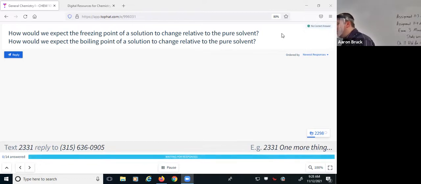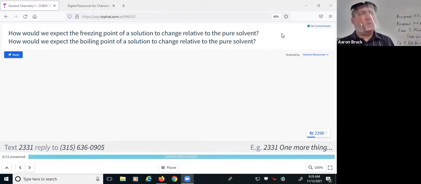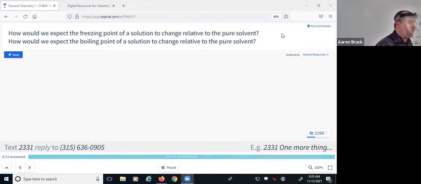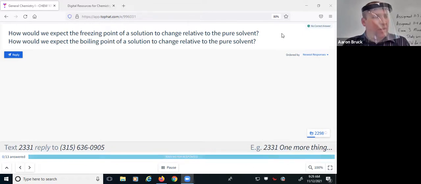Based on what we have seen with vapor pressure, based on what we have seen with our other colligative properties, how would we expect the freezing point of a solution to change compared to the solvent? How would we expect the boiling point to change compared to the solvent on its own? So go ahead and put in your ideas here. And let's see what we can come up with together.